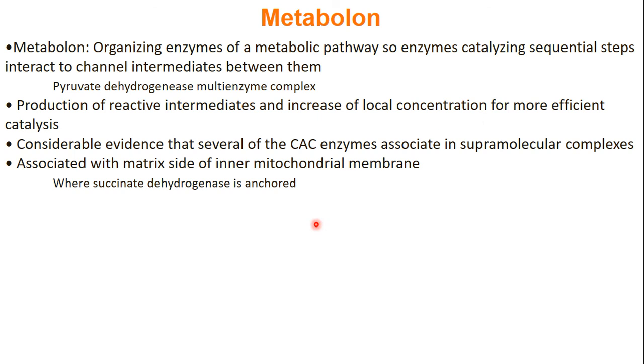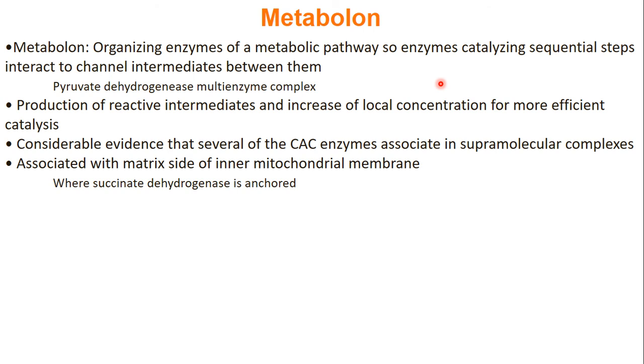So all of these citric acid cycle enzymes, or a lot of them at least, are thought to reside in a metabolon. We already talked about this a little bit, but a metabolon is an organization of the enzymes of a pathway. The enzymes catalyzing sequential steps will interact and channel intermediates between each other.